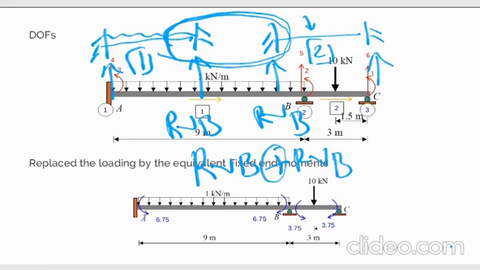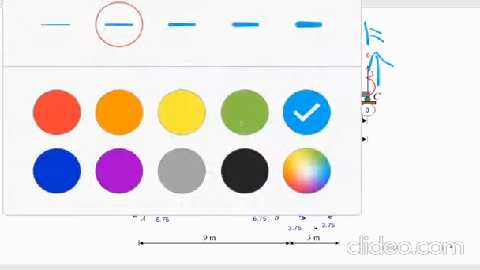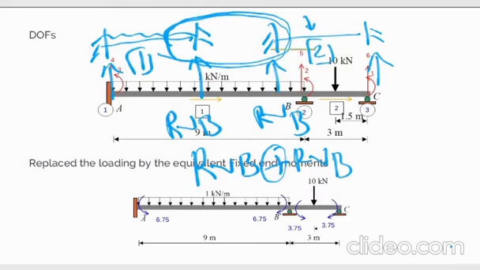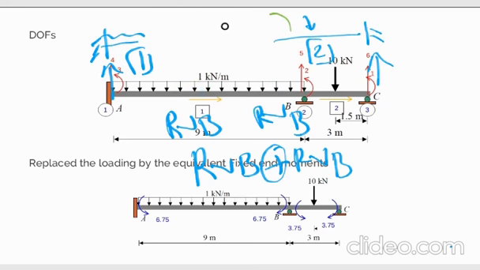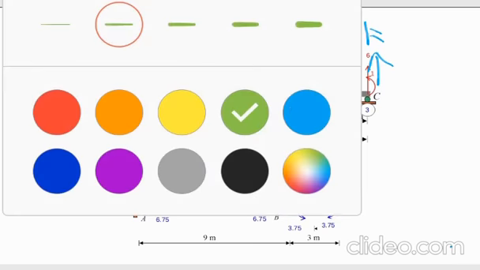And for the moment, actually, we have a different direction of moment here, and this one also. Sorry, let me make it clear.